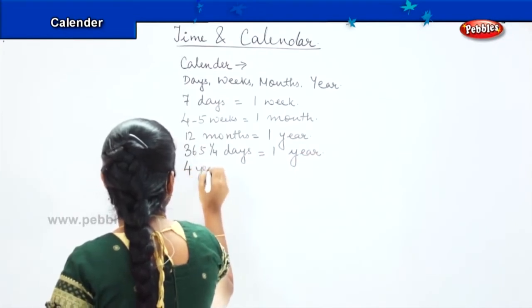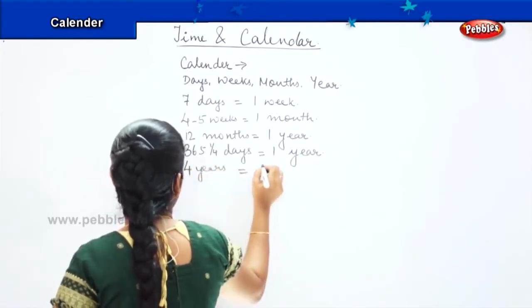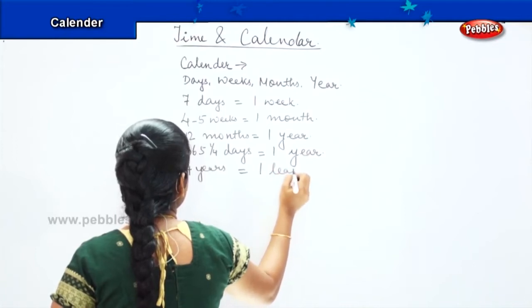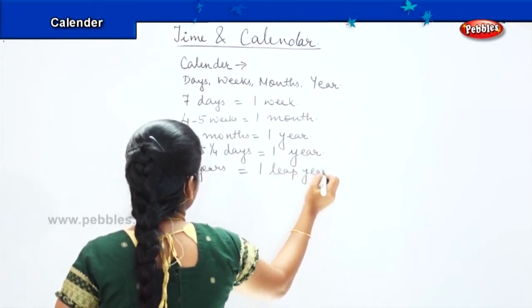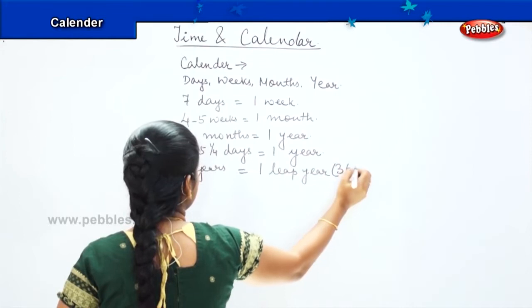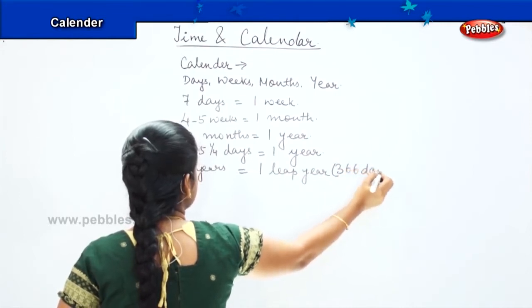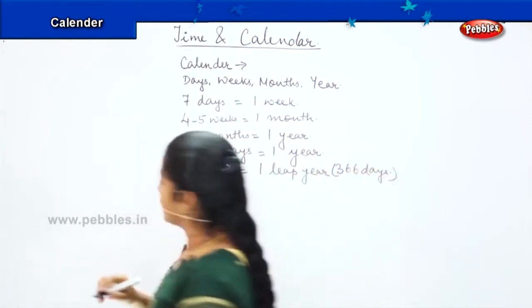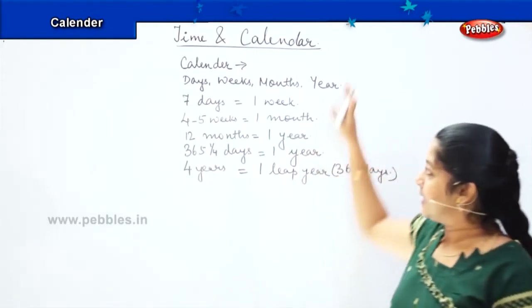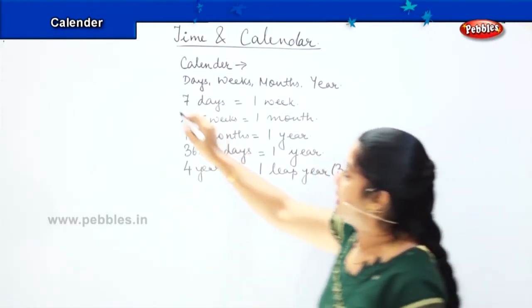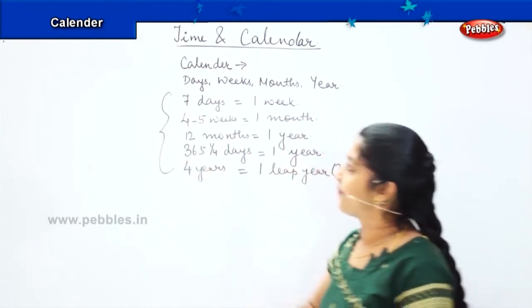And 4 years make 1 leap year, which is 366 days. So are you clear children? These are the basic things which we cover in a calendar, right?